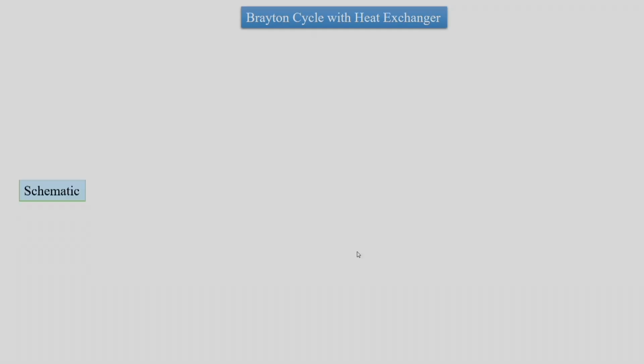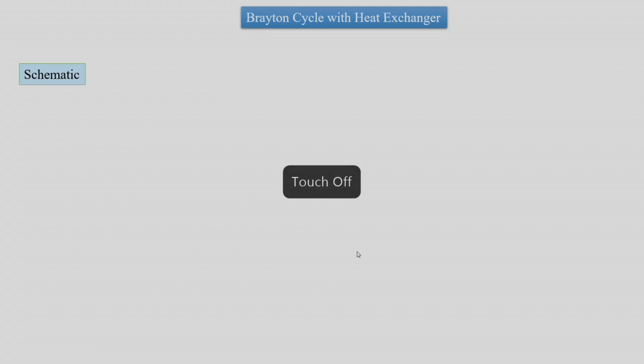So let us start. Practically, let us first see the Brayton cycle with a heat exchanger. We have seen the schematic when we were considering different configurations. Here we will first have a compressor as we would in general.